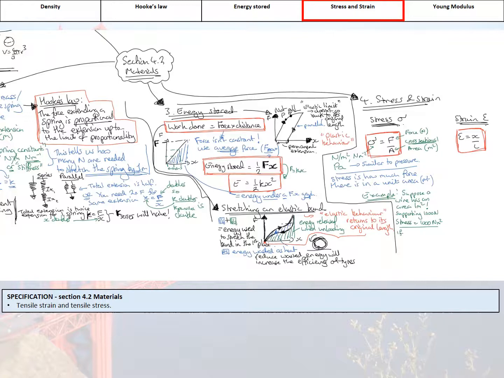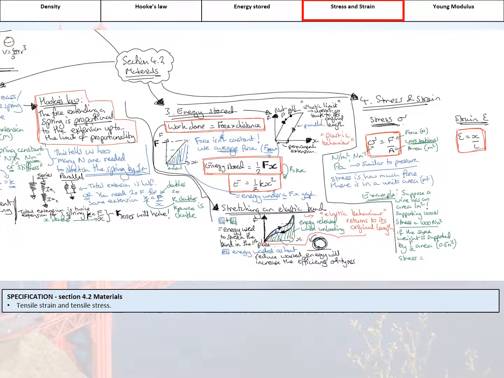But if the same weight is supported by half the area, in other words 0.5 metres squared, then the stress now, that is with half the area supporting it, is the same as 1 metre squared supporting twice the force.